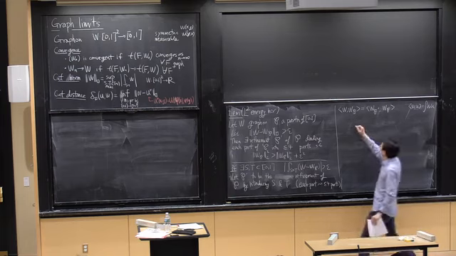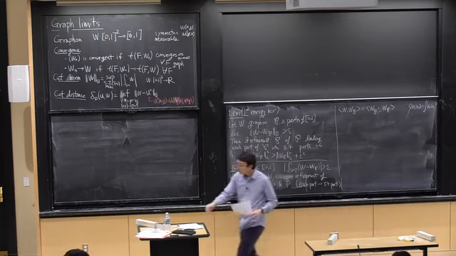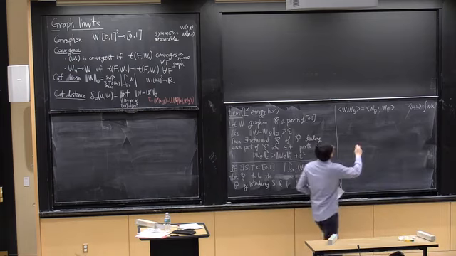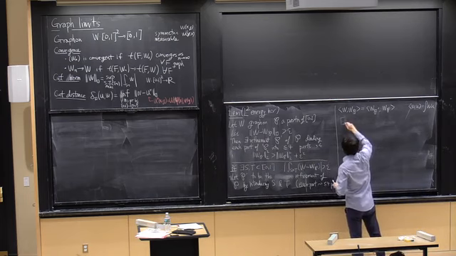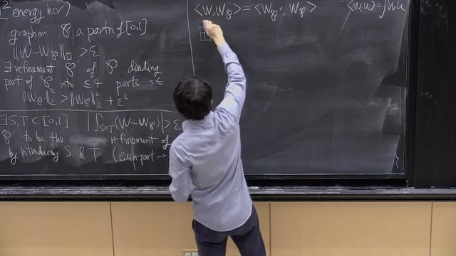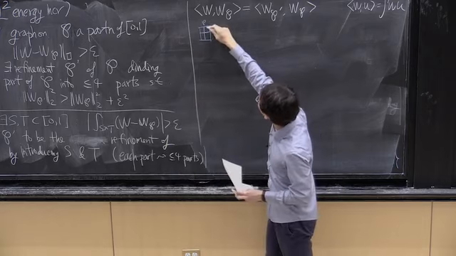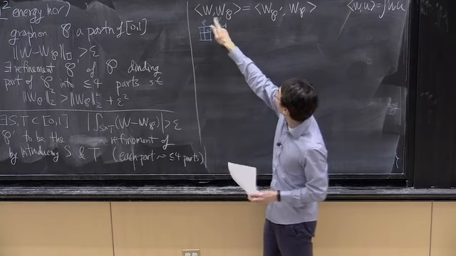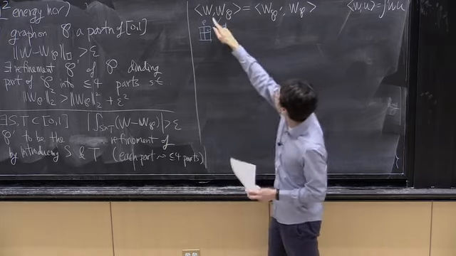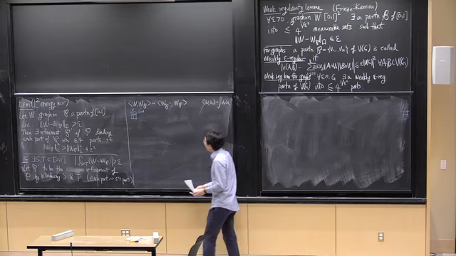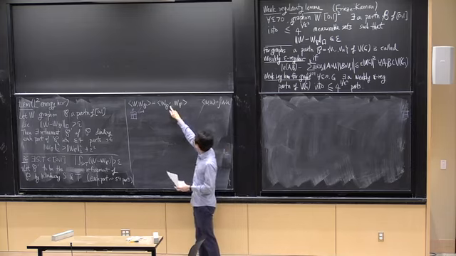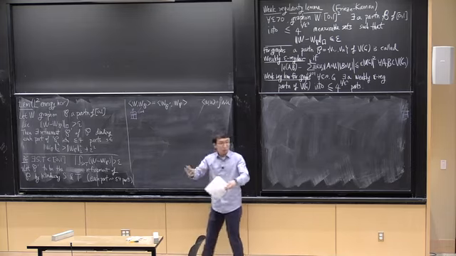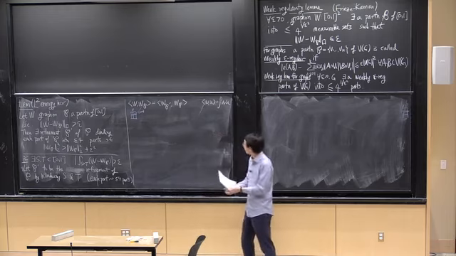Right? Because what happens here is we are looking at a situation where W_P prime is constant on each part. So when I do this inner product, I can replace W by its average. And likewise, over here, I can also replace it by its average. And you end up having the same average.